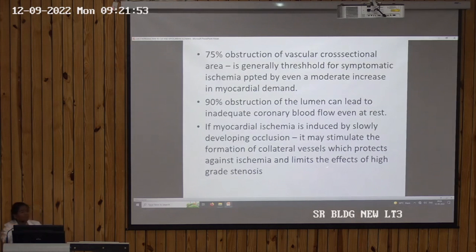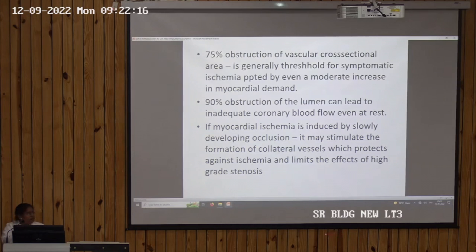When the lumen is 75% obstructed, it is a threshold when the symptoms of ischemia will occur by a moderate increase in exercise. So 75% obstruction is the threshold, and when it is 90% obstructed, the symptoms will appear even at rest.